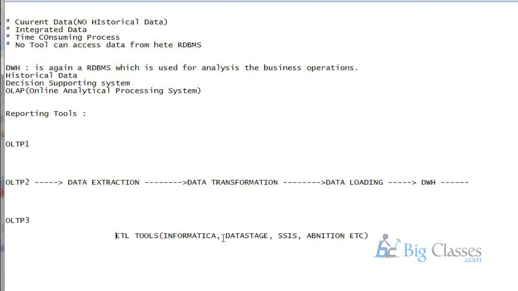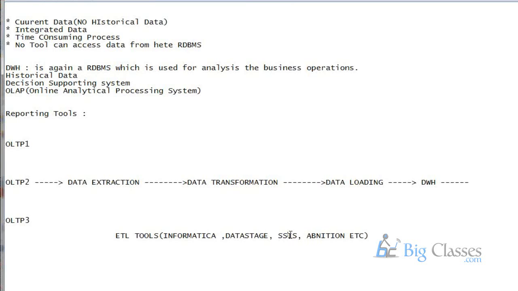We have different ETL tools in the market which do the same task: extracting the data from multiple OLTPs, transforming the data and loading it into the data warehouse. Informatica is a very popular ETL tool that comes from Informatica Corporation. DataStage is the ETL tool that comes from IBM.